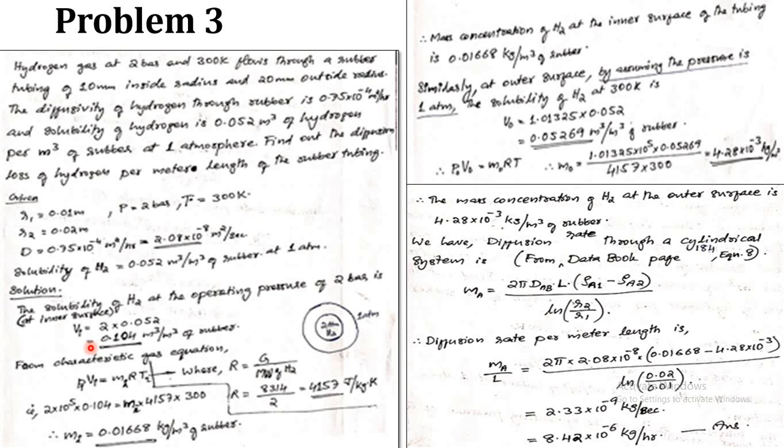At the inside surface, from the characteristic gas equation, we have P1 V1 equals M1 R T1.